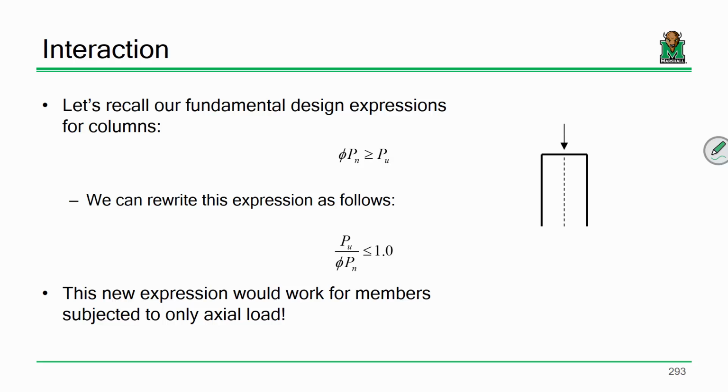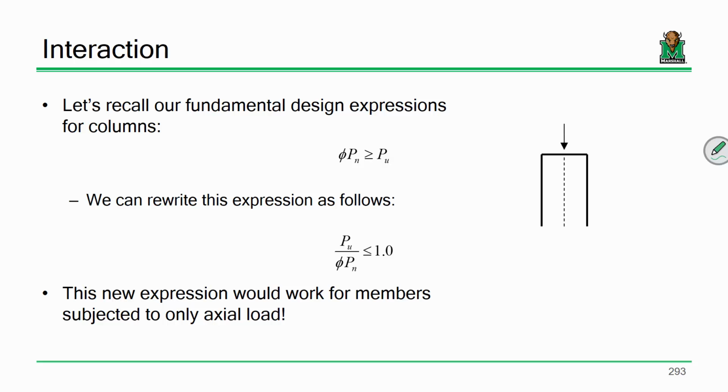This is the fundamental expression of everything that we have been doing this semester. This is the famous LRFD design expression: your factored resistances must be greater than or equal to your factored loads. If all we're looking at is columns subjected to an axial load, phi Pn has to be greater than or equal to Pu.